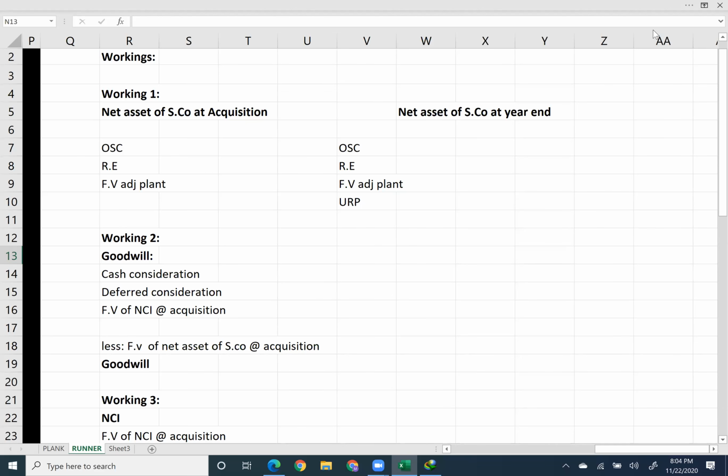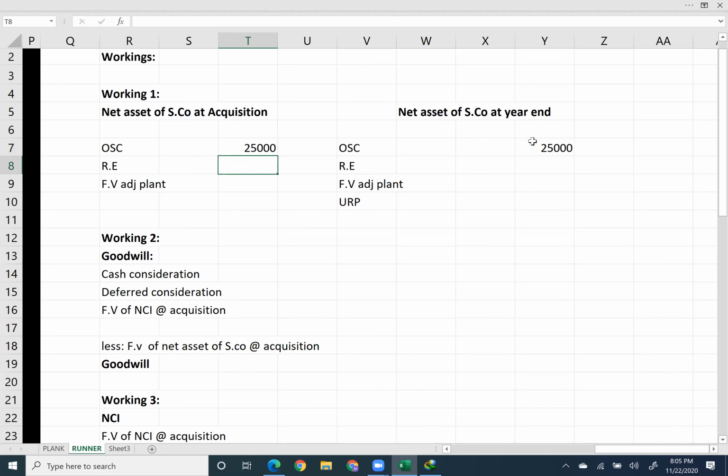Yes, this is my question. What's the share capital of S company at the year end? In the question, go and check. It's 25,000. So the same share capital we'll copy at the acquisition date. No change in the share capital.